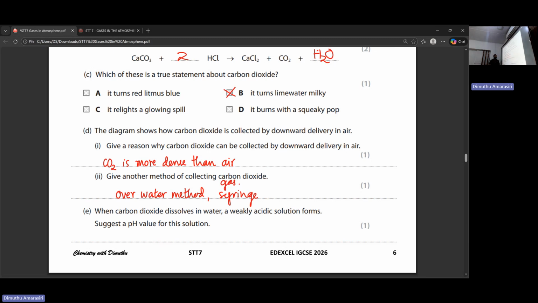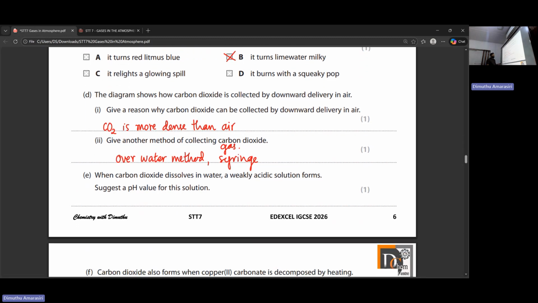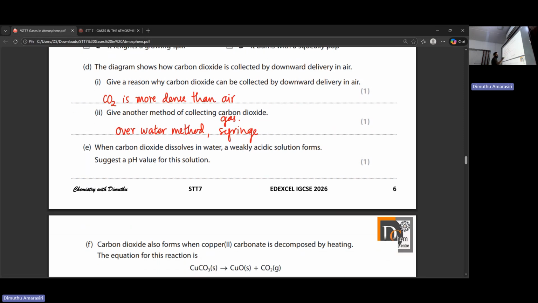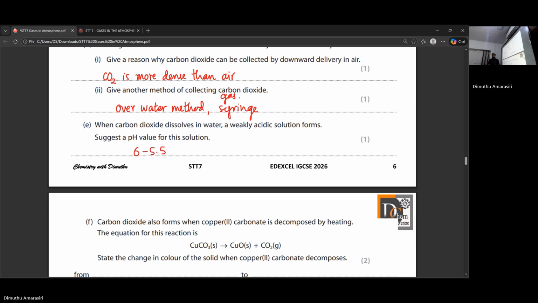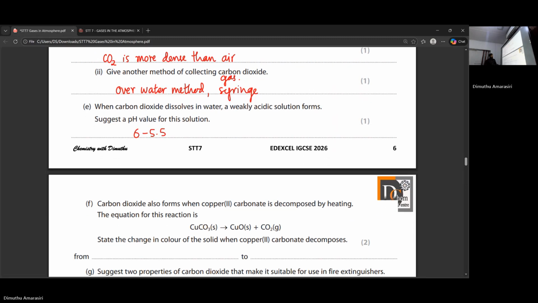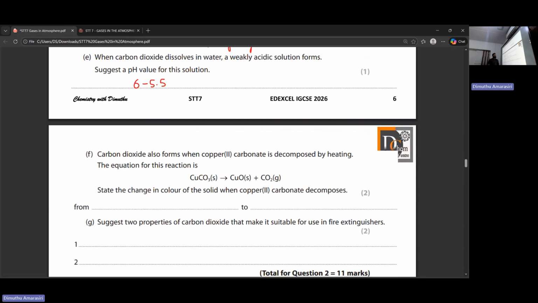When carbon dioxide dissolves in water, it forms a weakly acidic solution, with a pH value of 6 to 5.5. State the change of color of the solid. We learned this. Copper carbonate is green, this is black.